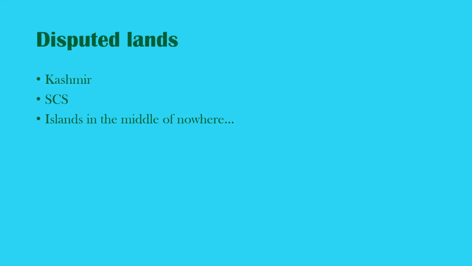Disputed lands. I do know the most famous disputed lands include places like Kashmir, and that's about as much as I remember. And also the South China Sea, I guess. Although that's more of water territory and China being a bit of a bully to the rest of the countries. But okay, that's also kind of land in a different sense.